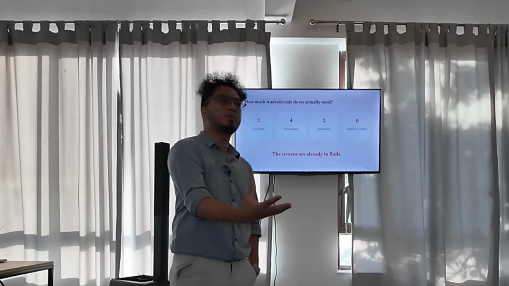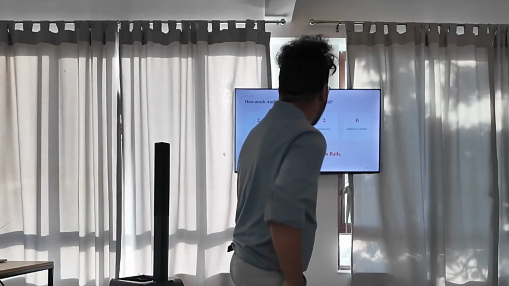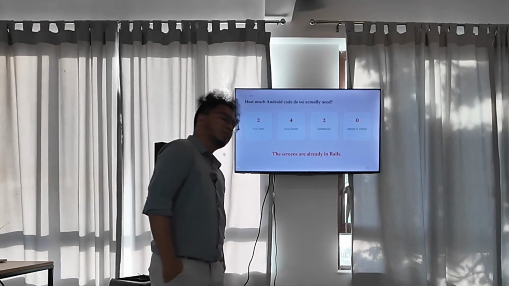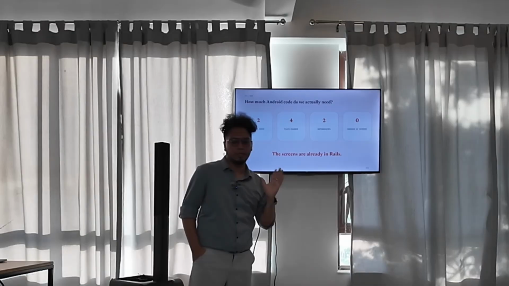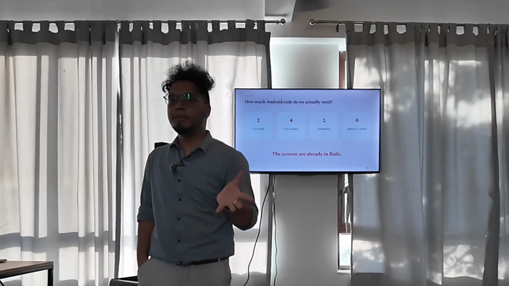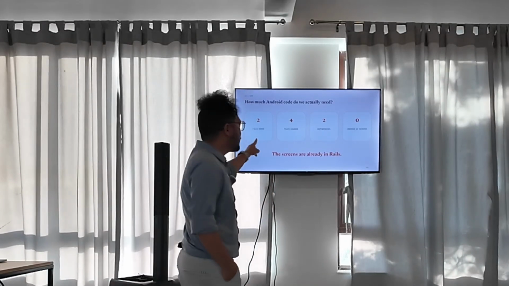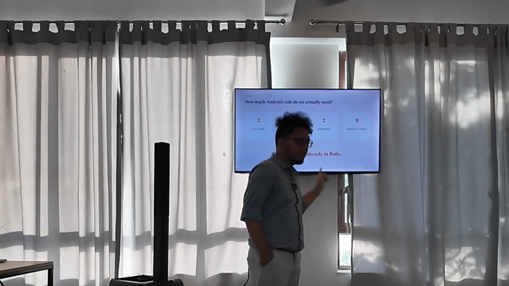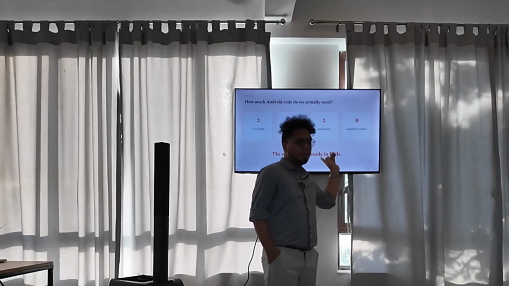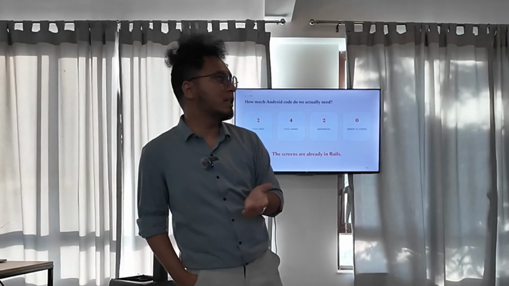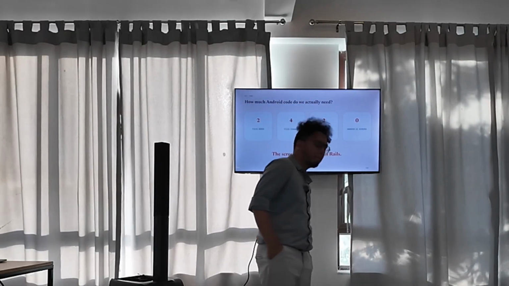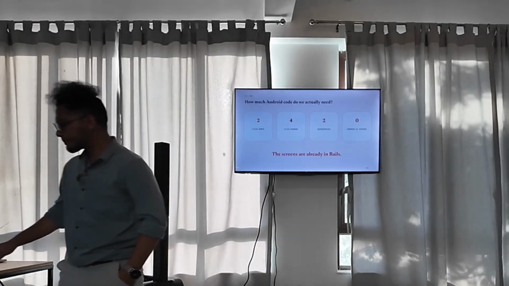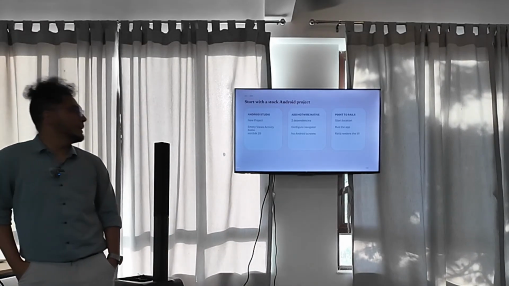So let's learn how you build the Android code. You have to change 4 files. You just go to Android Studio, build an empty view application, and change 4 files. You add 2 dependencies and 0 Android UI screens, because the screens are already present in our Rails application, so you do not have to create a new UI screen. So how do you build it?